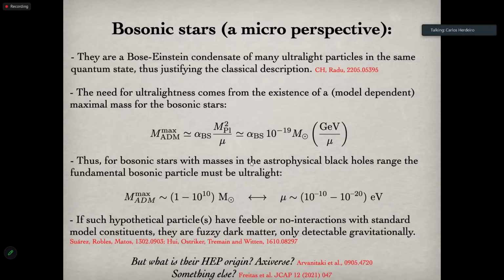So a possible origin is the so-called string axiverse, and this has been debated for over a decade now. But there's also simpler extensions of the standard model where they could appear, and that was discussed in a paper that was done here in collaboration with some particle physicists and also a group in Valencia and other places.